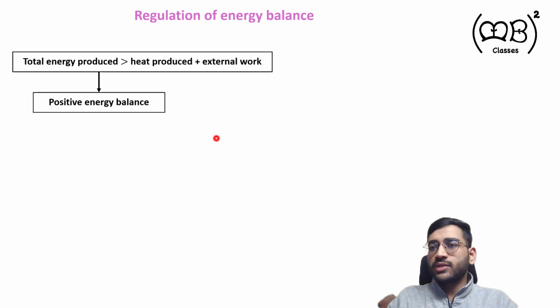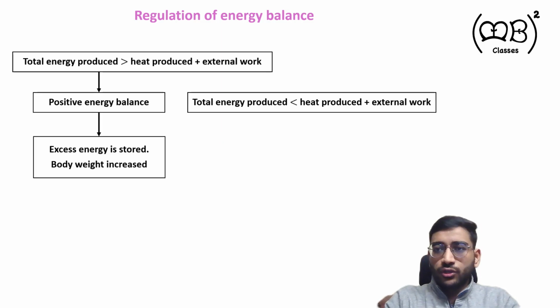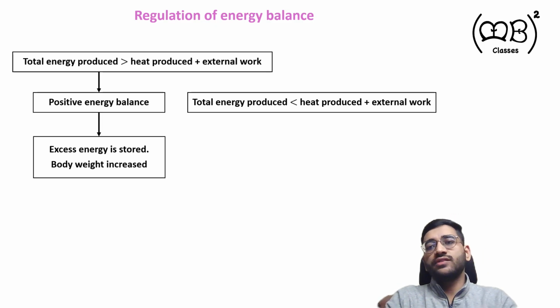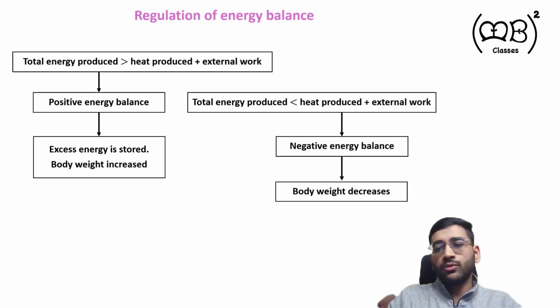But if the total energy produced in your body by the food you are consuming is less than the total of the heat production and the external work, which can be called the energy expenditure, then this would be a negative energy balance and your body weight would decrease.